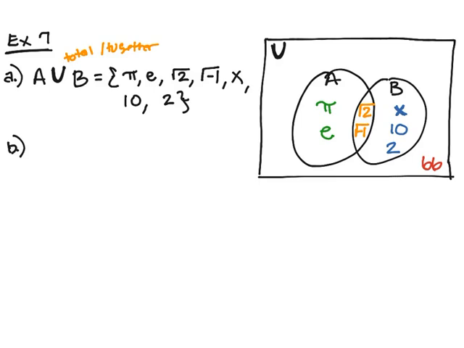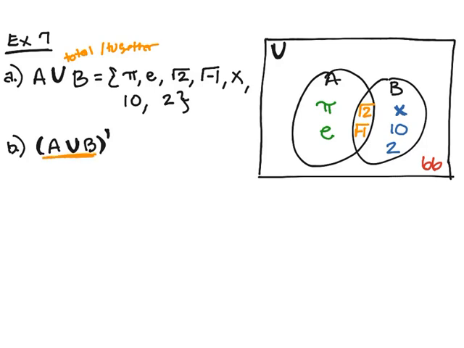B, you have parentheses, A union B, and then I threw an apostrophe meaning complement, right? Now, what's inside that parenthesis is exactly what you just did on A. Do you see that? It's the same thing we just did. What's inside here?